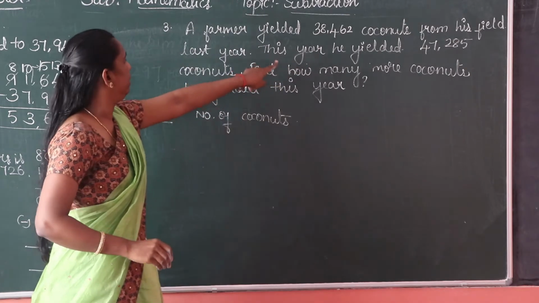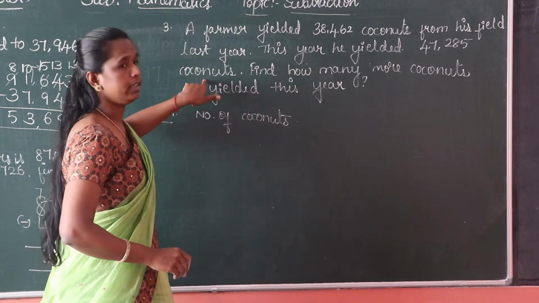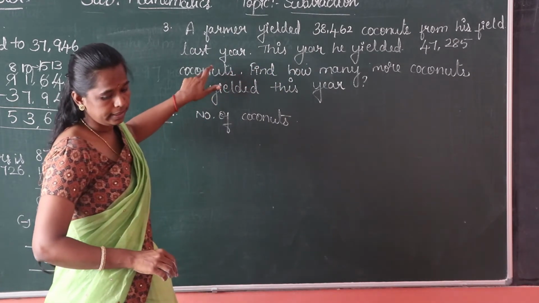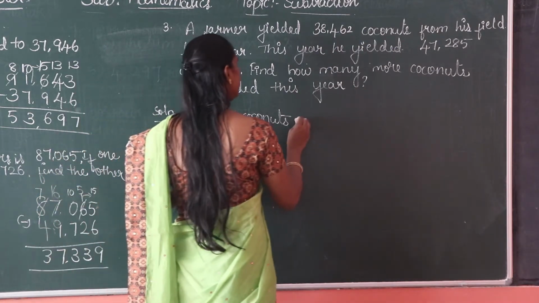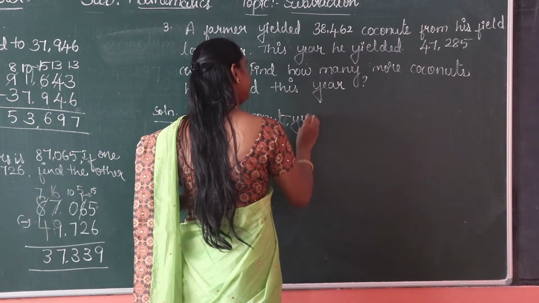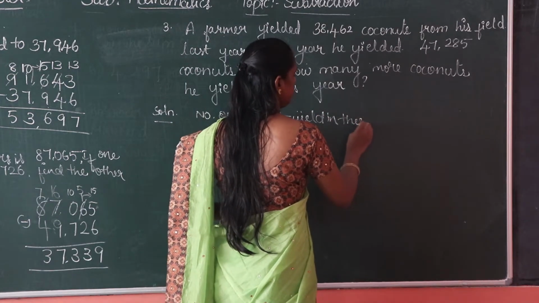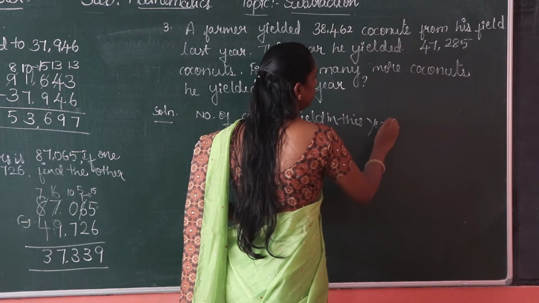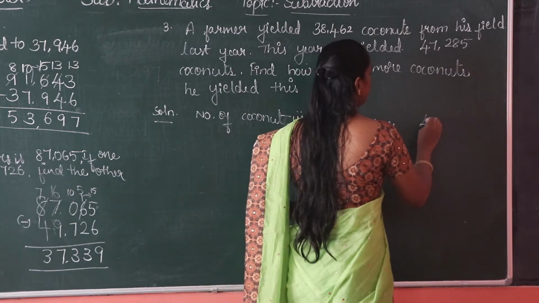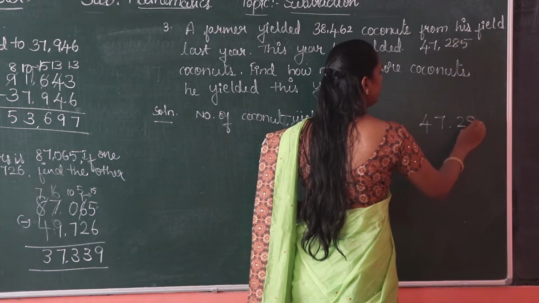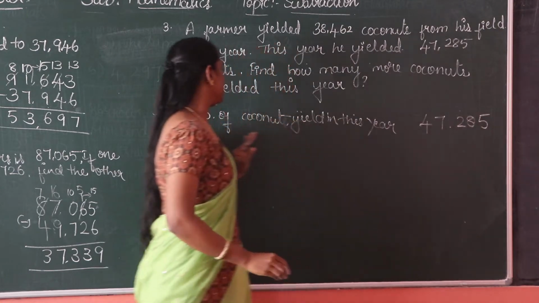Number of coconuts in this year. Coconut yield in this year is 47,285.